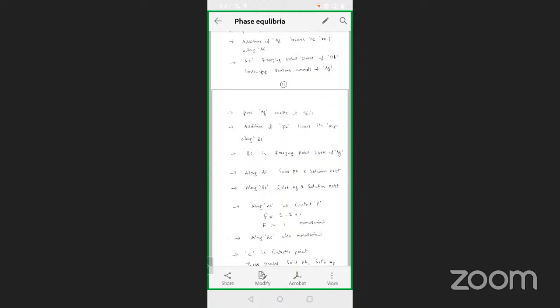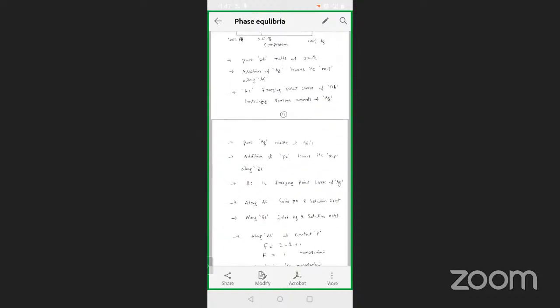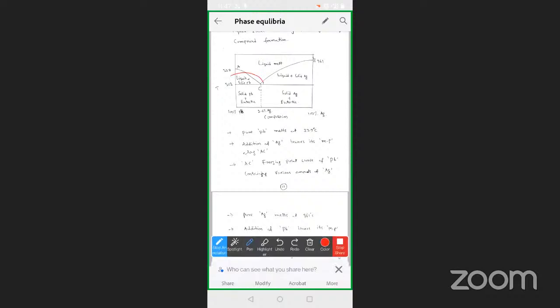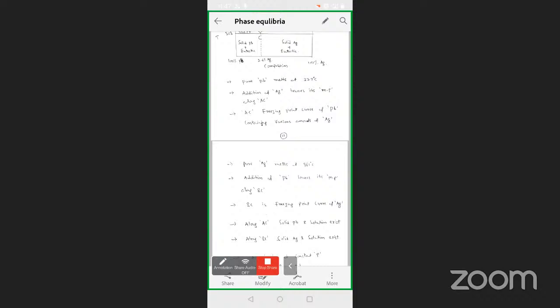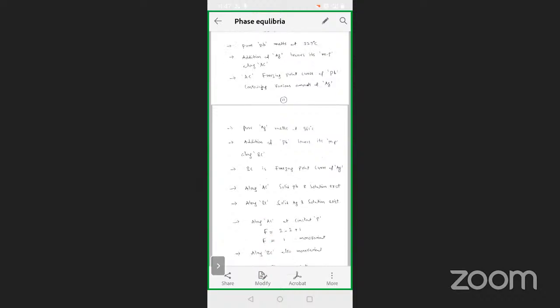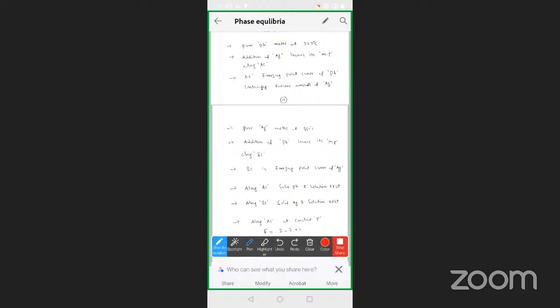Along AC, solid lead and a solution of silver and lead coexist. And along BC, solid silver and solution exist.